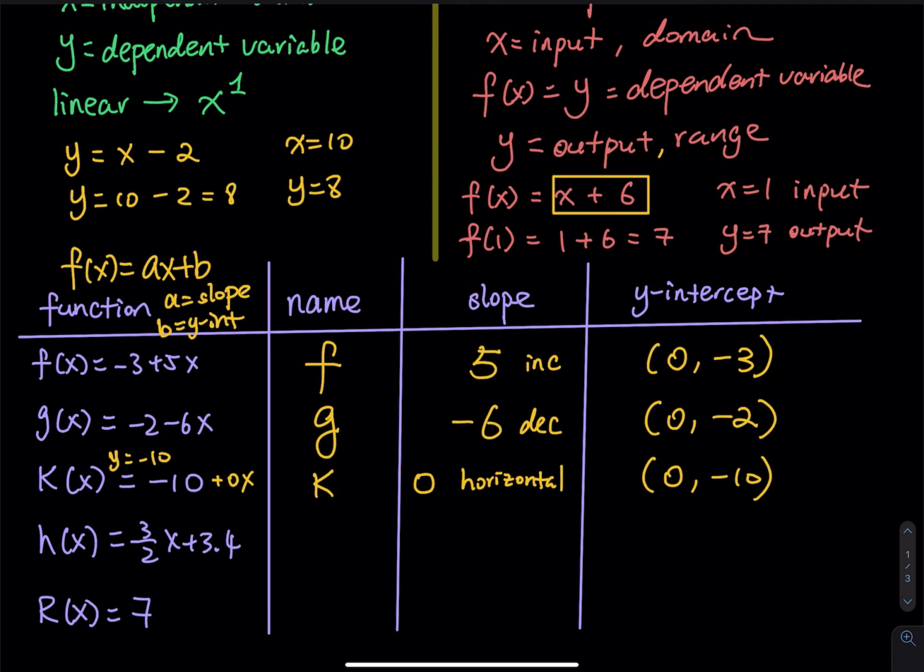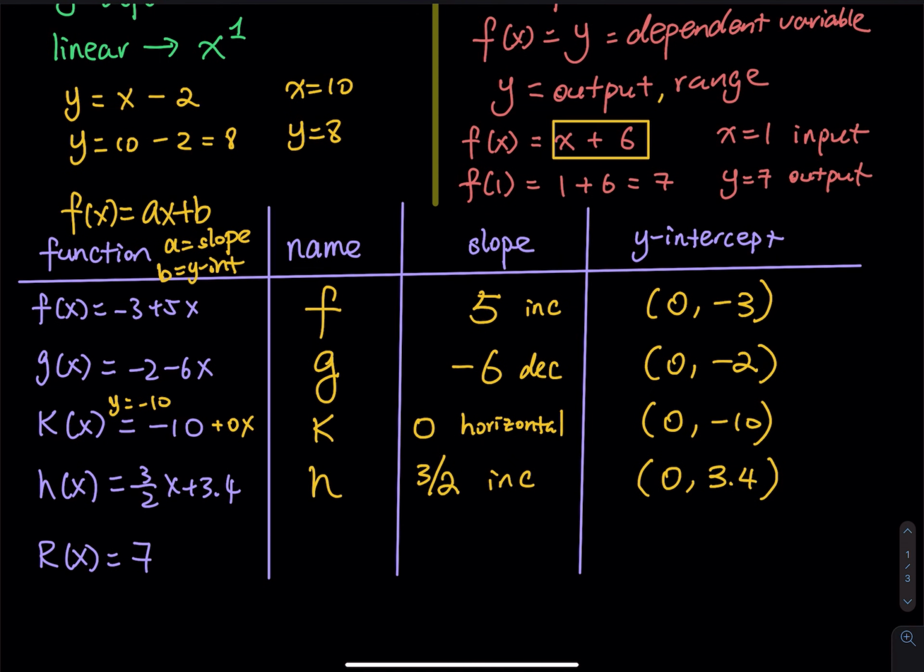The next one, h of x. H is the name of the function, and the fraction 3 over 2 is the slope, and since 3 over 2 is positive, the function is an increasing function, and the y-intercept, when x is equal to 0, y is equal to 3.4. And then the last one, r of x equals 7. R is the name of the function.